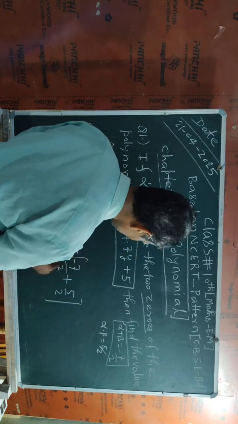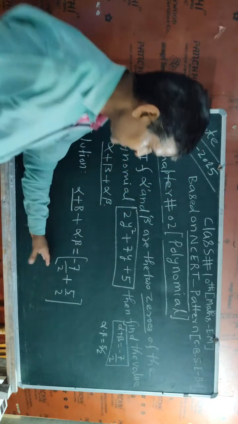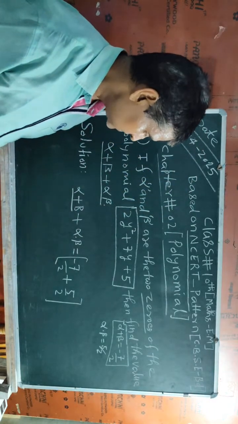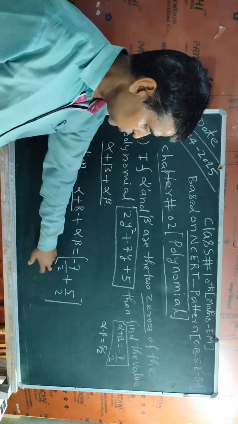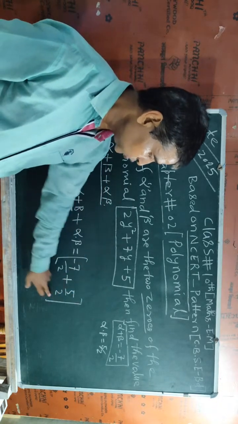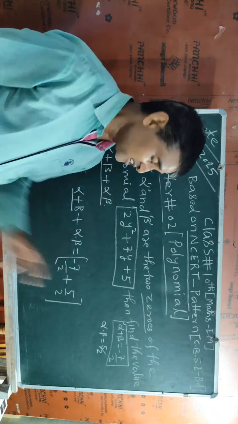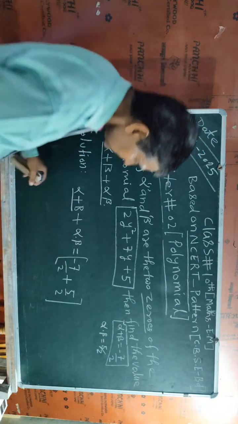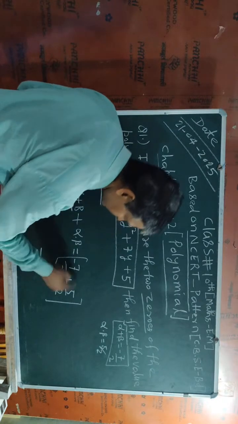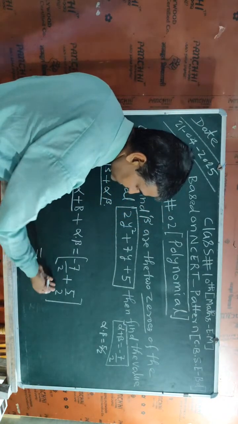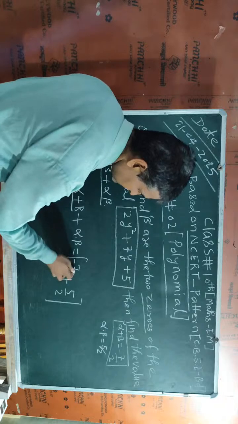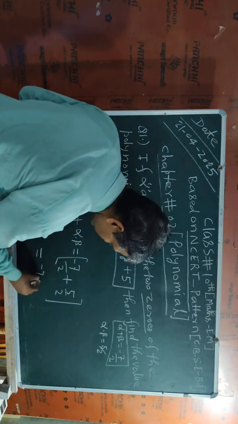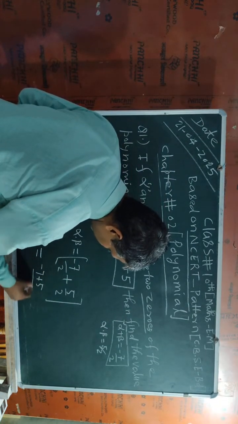So here, student, you concentrate on this topic. This is the numerator, this is the denominator, this is the numerator, this is the denominator. If the denominator is the same, that will be like fractions. In this case, I will take the sum of the numerators divided by one time denominator. That is -7 plus 5 divided by 2.